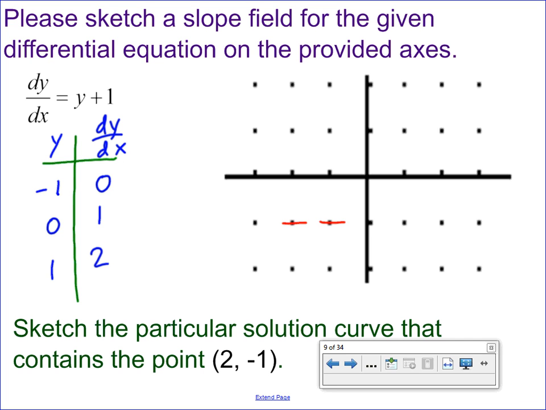So horizontal tangents when y equals -1. When y equals 0, we have a slope value of 1. When y equals 1, we have a slope value of 2, so a little steeper.